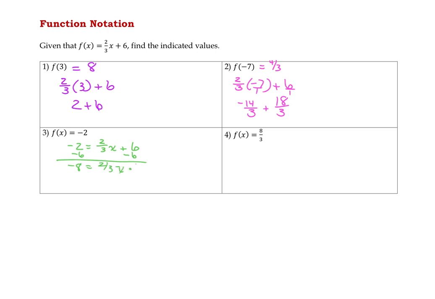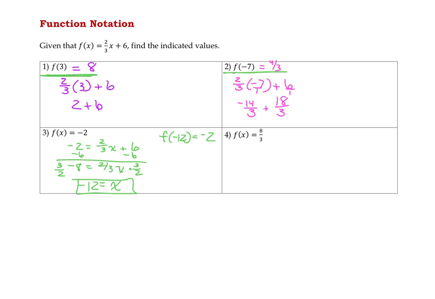Multiply both sides by the reciprocal, which is 3 over 2. So x is now alone, and that is -12. So x is -12. A way to write that in function notation would be f at -12 equals -2, just like we did these statements up here.